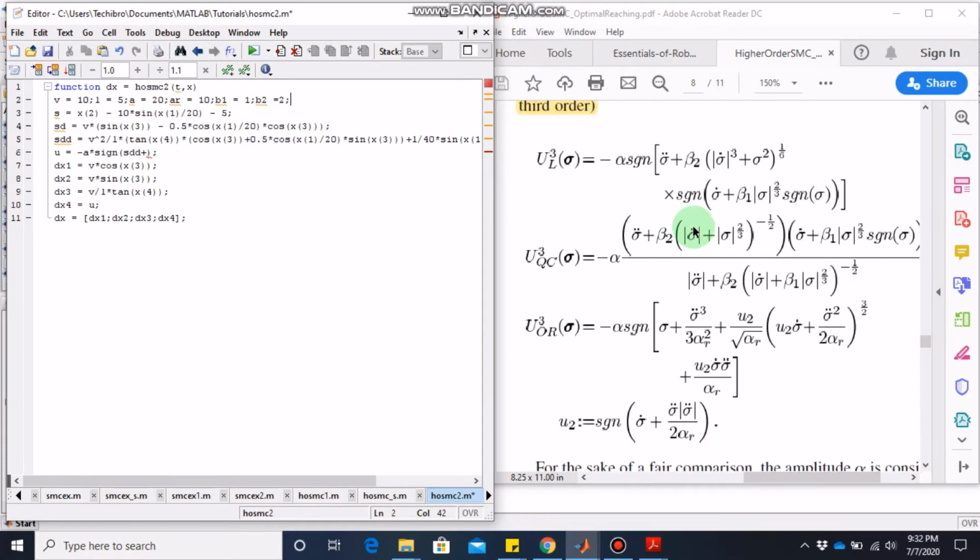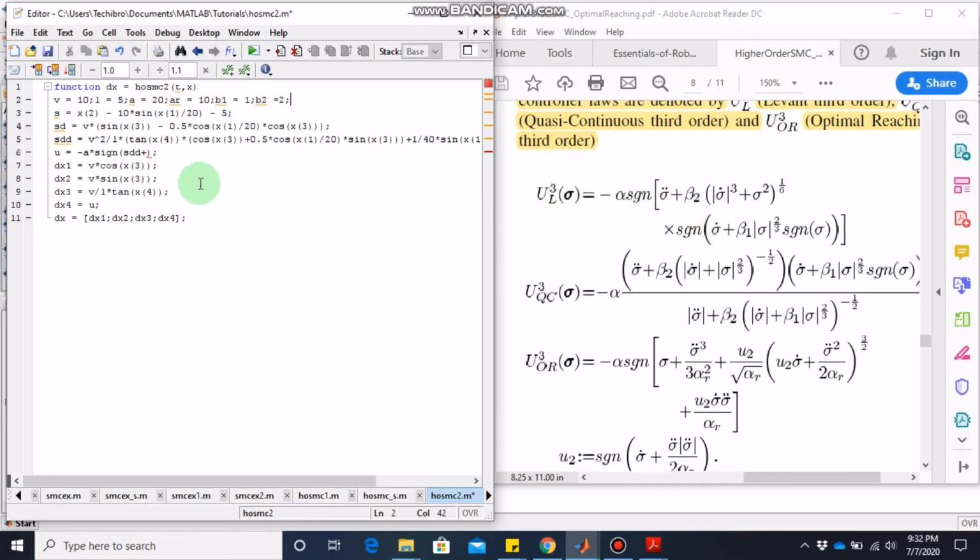So we go up in the controller equation and we see that this is S double dot plus b2 times absolute value of S dot whole cube and plus S square, and this all raised to the power 1 by 6.